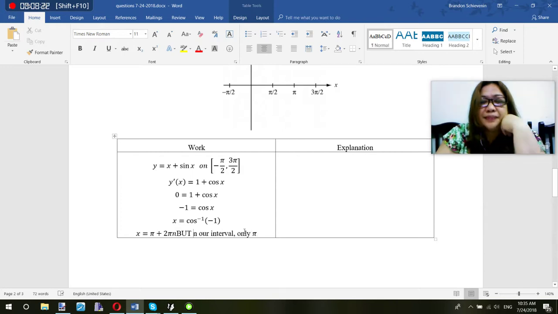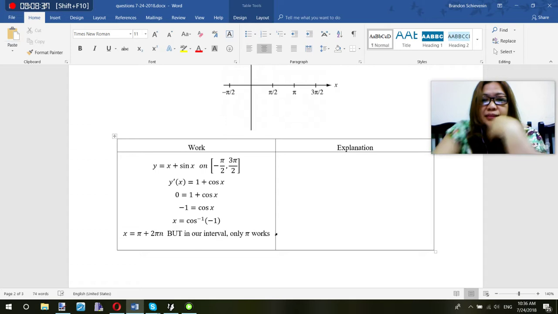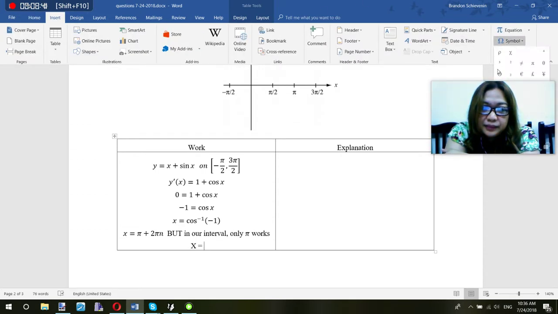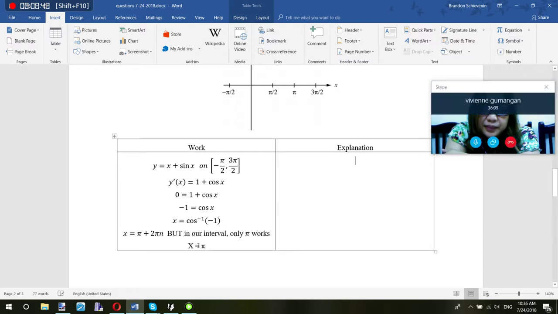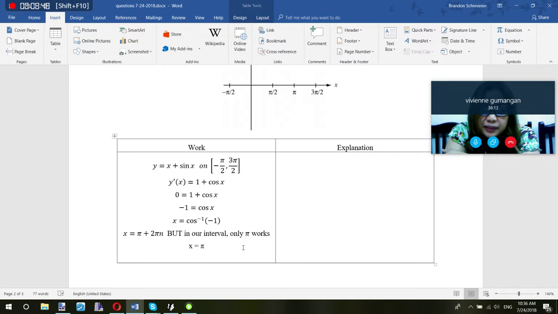But within our interval, only pi is going to work. So therefore x equals pi. So x equals pi is my only critical point.